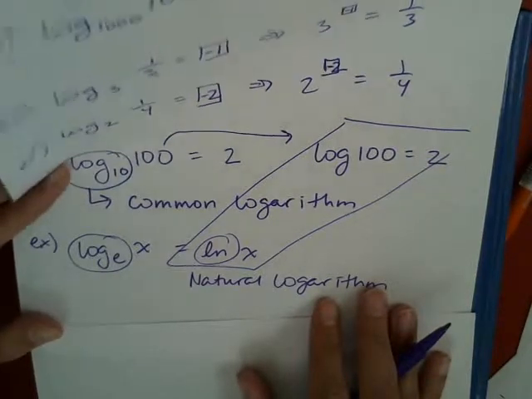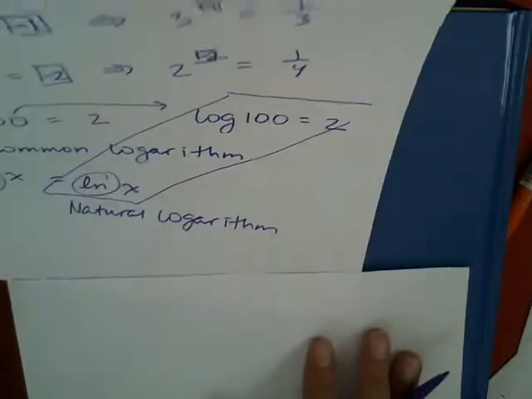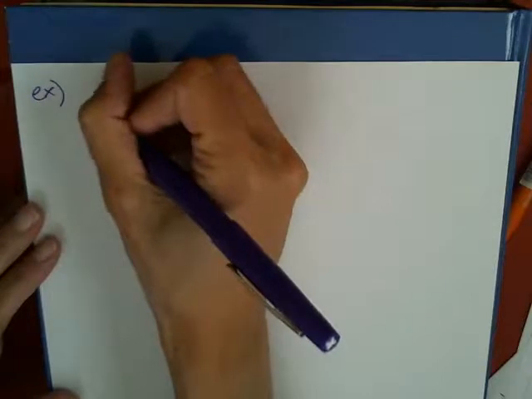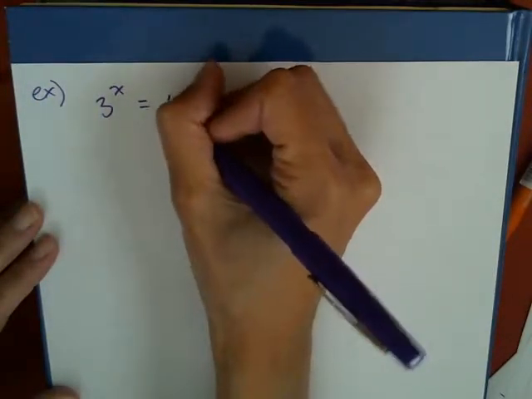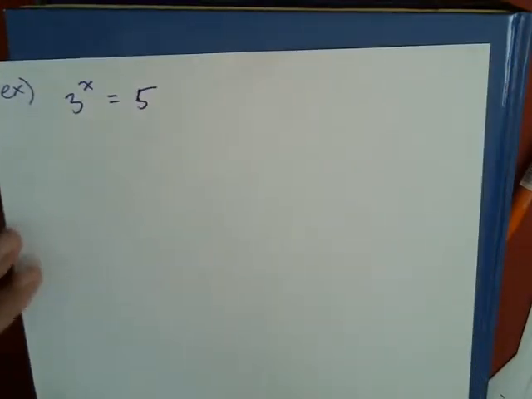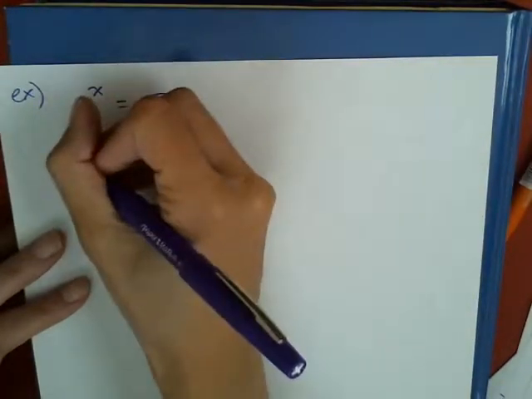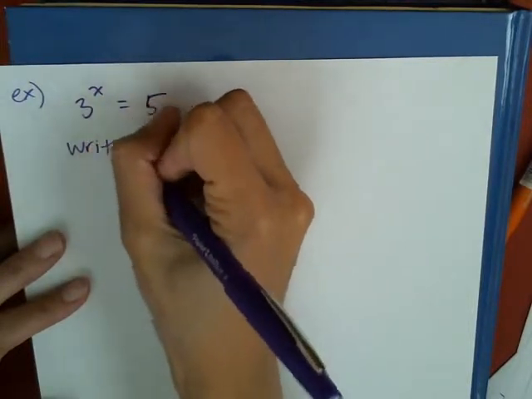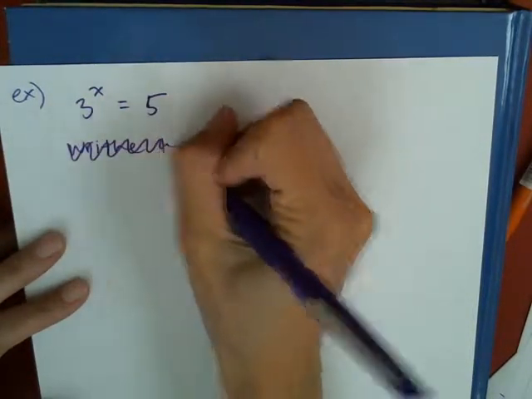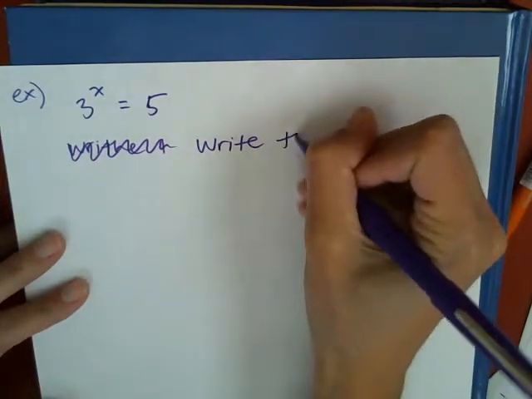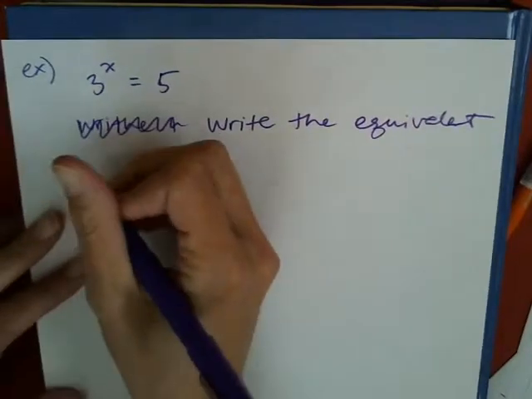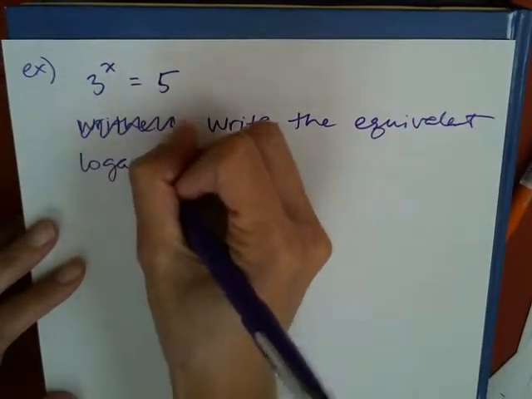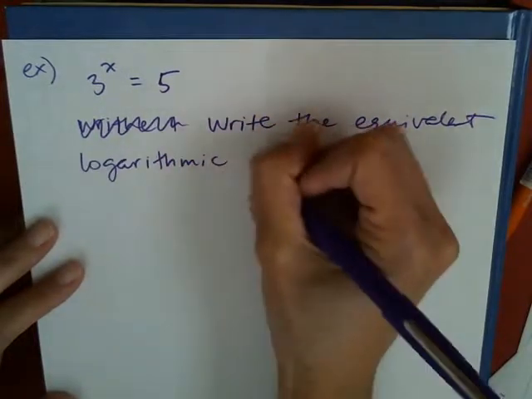Let's also go backwards. So your homework has you go backwards as well. So let's start off with an exponential. So let's do 3 to the x equals 5. So it would say something like, write the equivalent logarithmic expression.